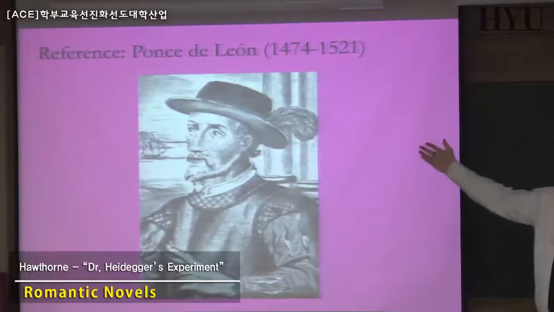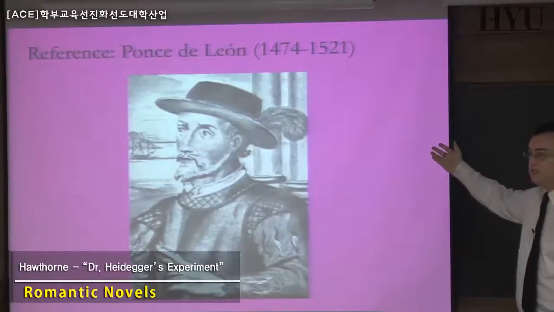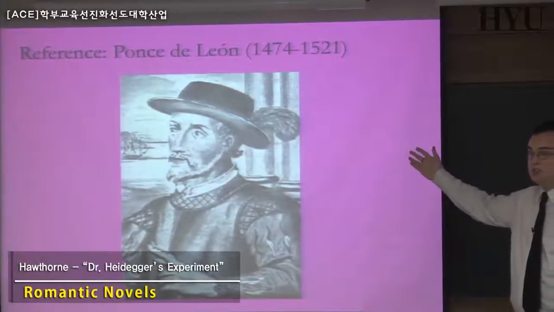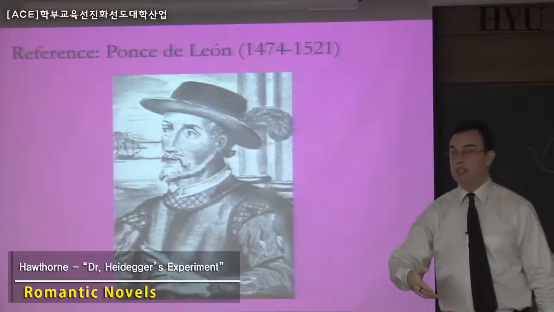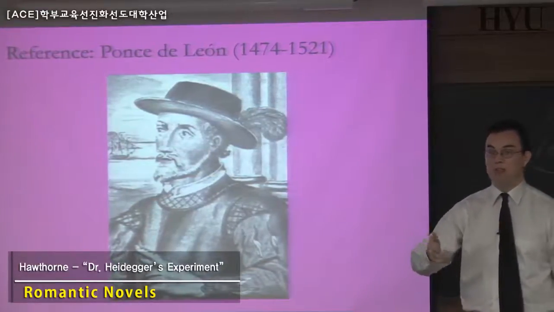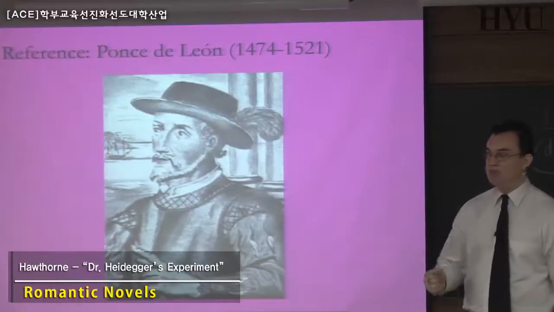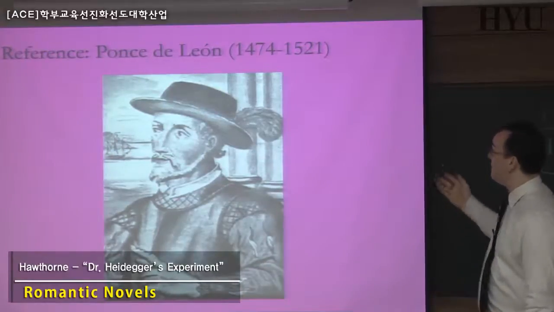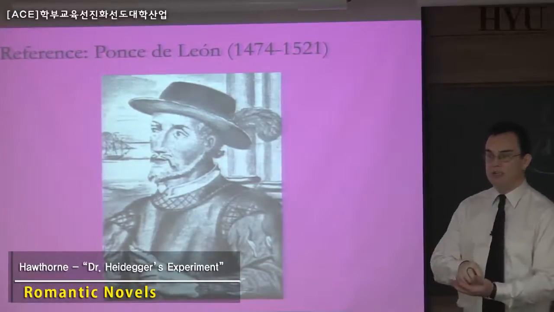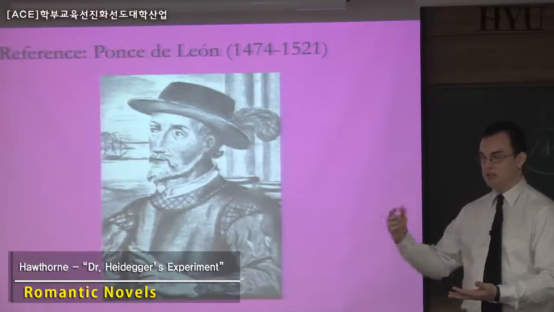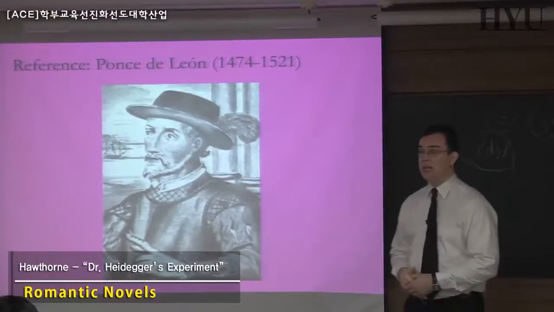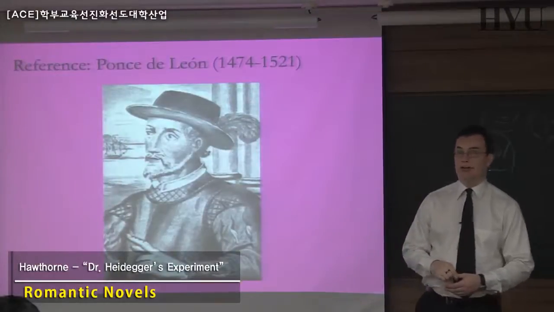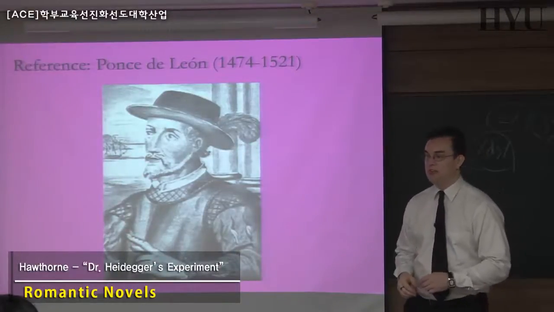As you can see from his dates there, this is also set around the same time as Balzac's story was set, around the same time as Balzac sets his story of Don Juan. Not that Dr. Heidegger's experiment is set in that time, but there's that connection to the water of life. And this is a long-standing, quite powerful and intriguing myth, right?